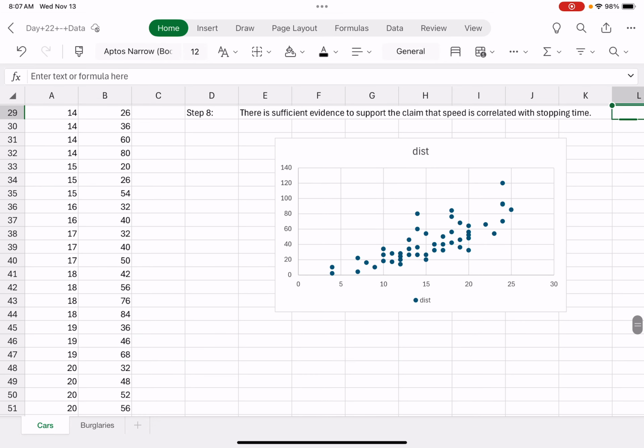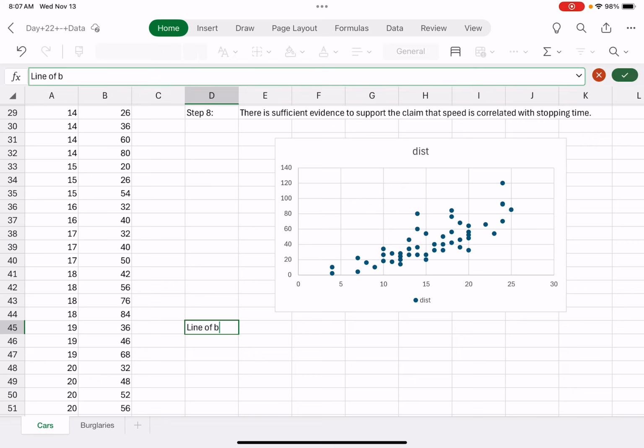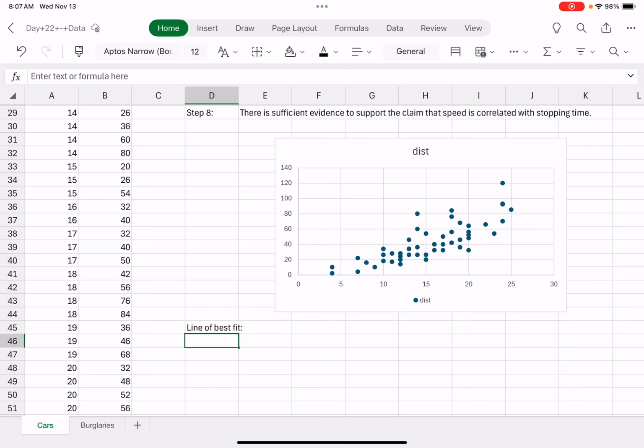So first thing I'm going to do is get my line of best fit. Notice that we have already seen that there is a statistically significant linear correlation. And so the next thing to do would be to plot the line of best fit.